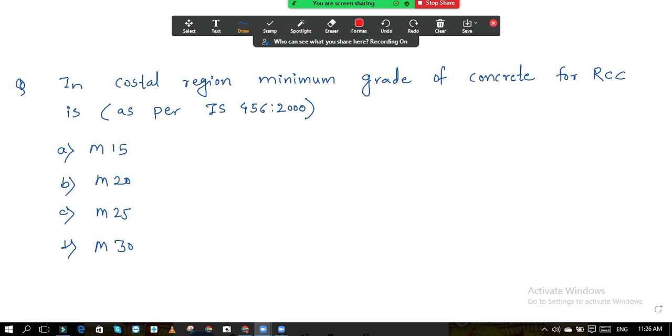Coastal region means sea coast. What is the answer?